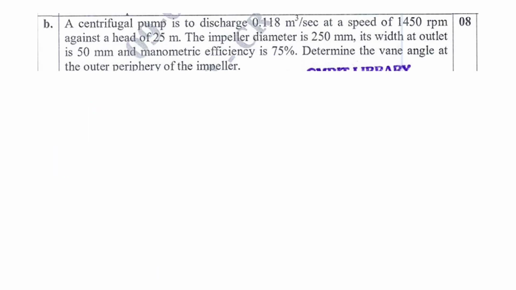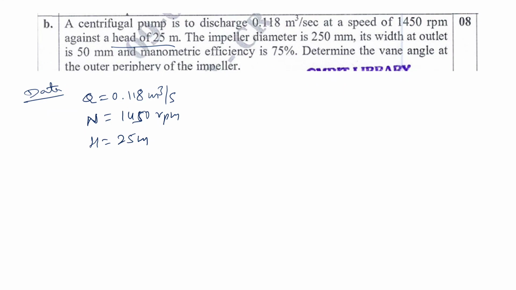Next question. A centrifugal pump is to discharge 0.118 cubic meter per second. They are given Q is equal to 0.118 cubic meter per second, speed of 1450 rpm, and they also gave a head of 25 meter.